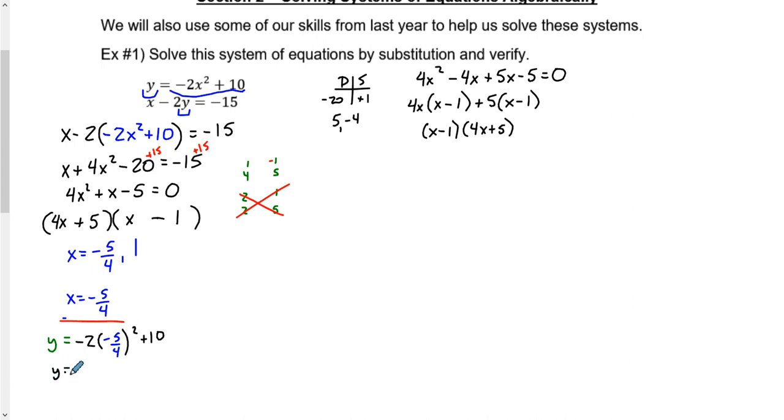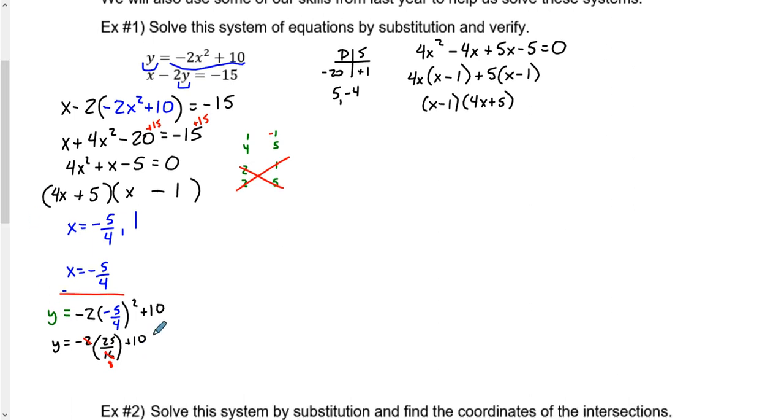So y would equal, let's see, -5/4 squared would be 25/16. 2 and 16 are going to reduce. And then I'm going to get to a common denominator right away here. I know this would just be -25/8, adding 80/8.